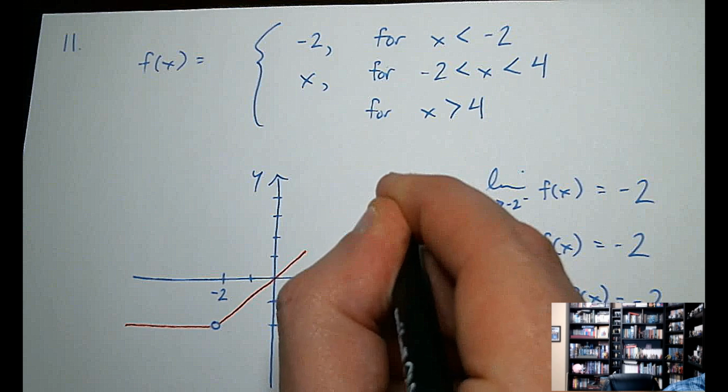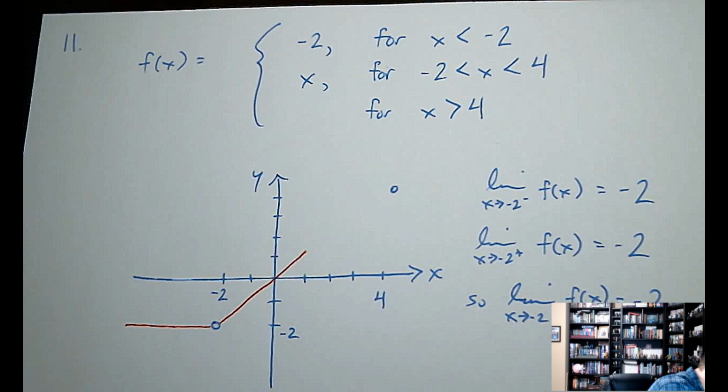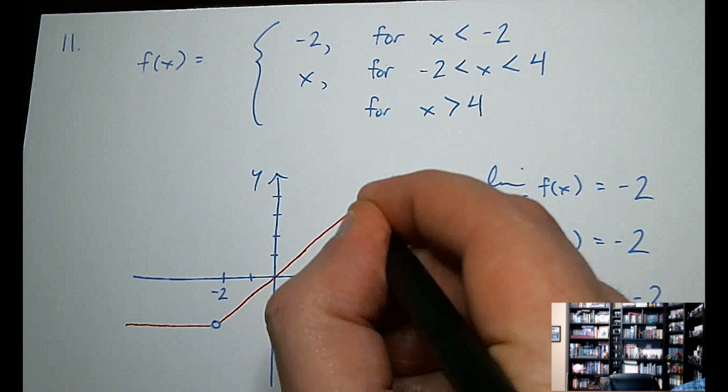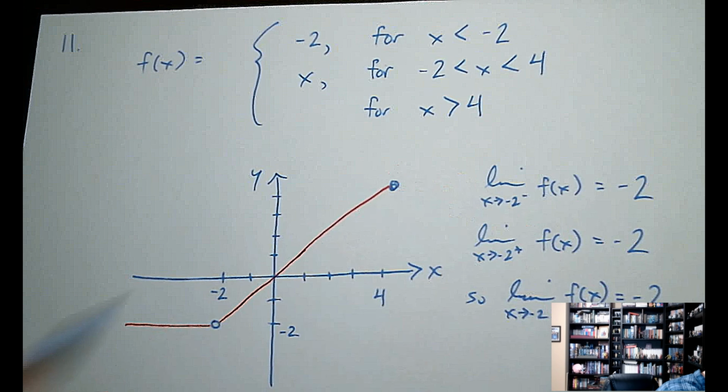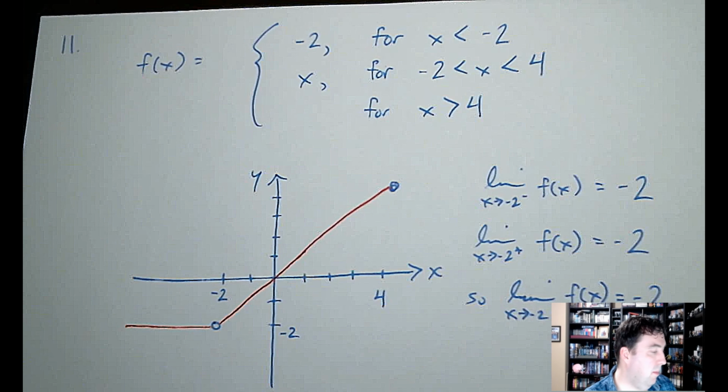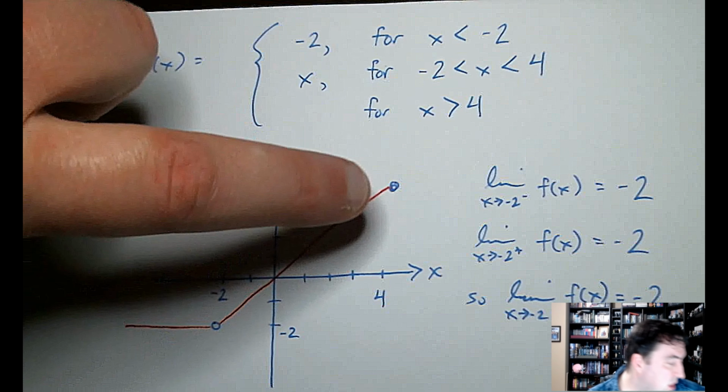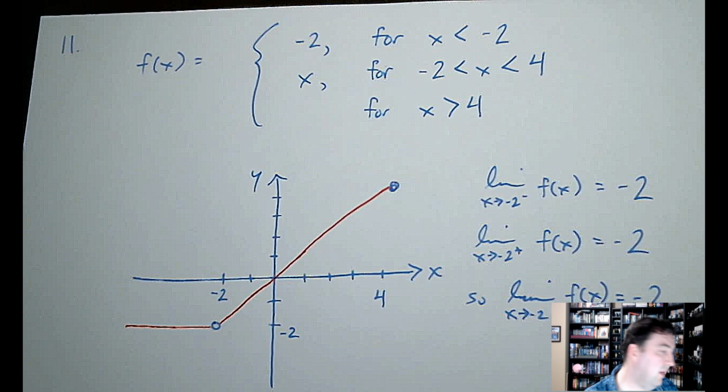So we're going to have a little hole in our graph at that point, like that. But then we want to set up so that on the other side of x equals 4, the function doesn't just pick up where that leaves off, because now we don't want the limit to exist.